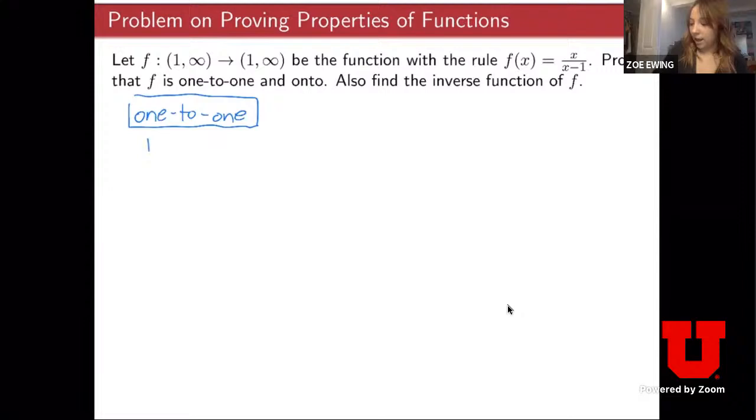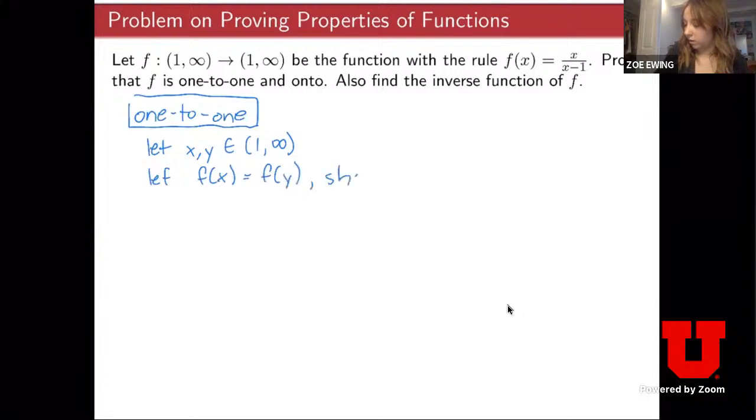So we could let x and y be in the set 1 to infinity, and then let f of x equal f of y and show that x equals y. So that's the basic recipe for any 1-to-1 proof.